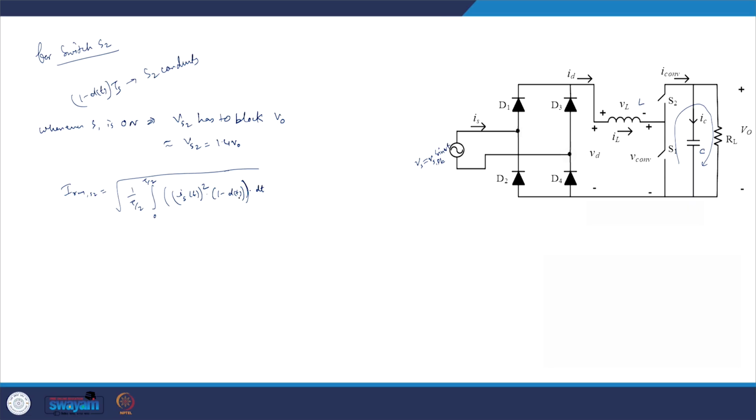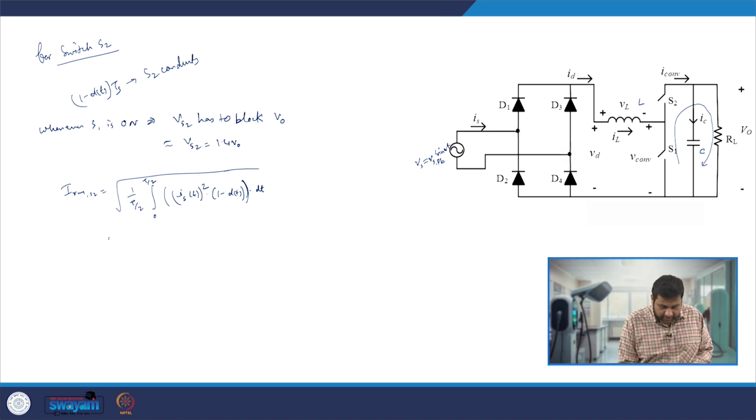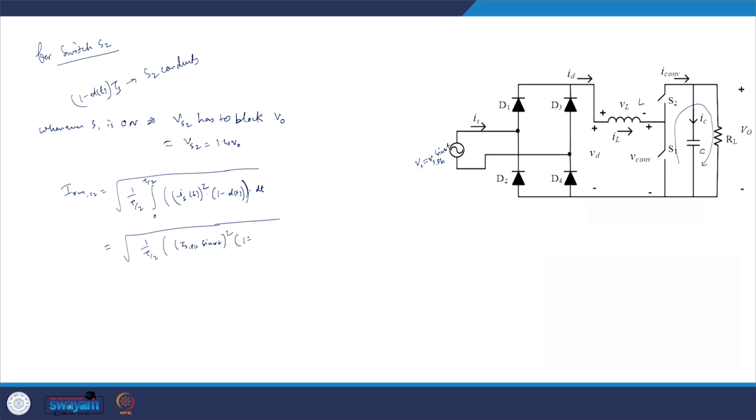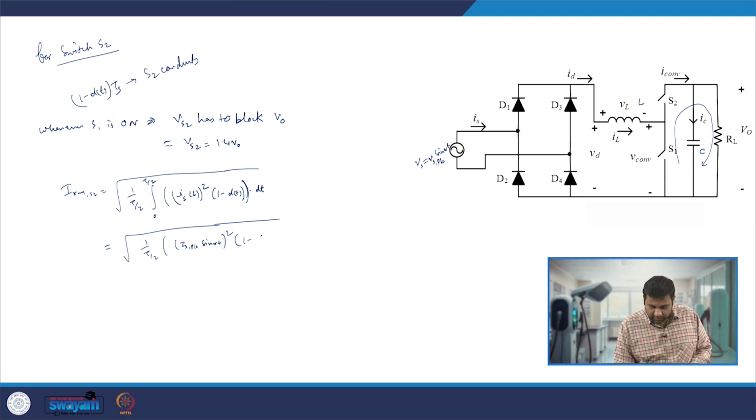Again, in this particular expression one can put the value of d of t, and since we are assuming that the converter is operated with a unity power factor current, we can write directly 1 by T by 2 times the integral from 0 to T by 2 of Is peak sin omega t squared, times 1 minus d of t, which is nothing but 1 minus Vs peak sin omega t divided by V naught, dt.